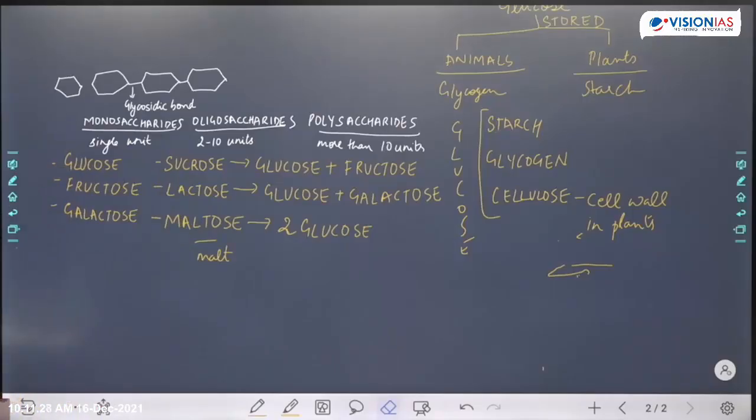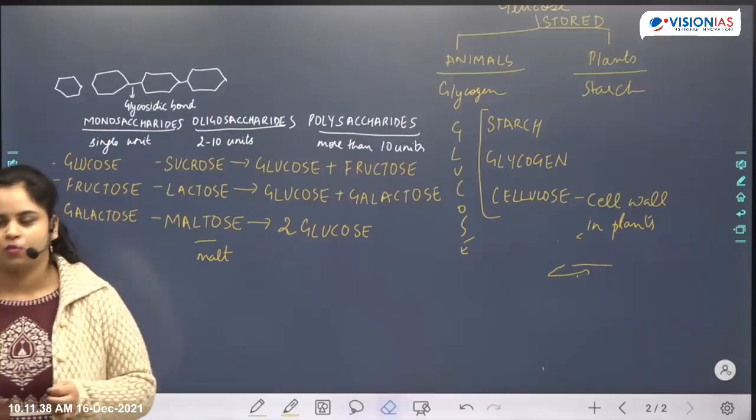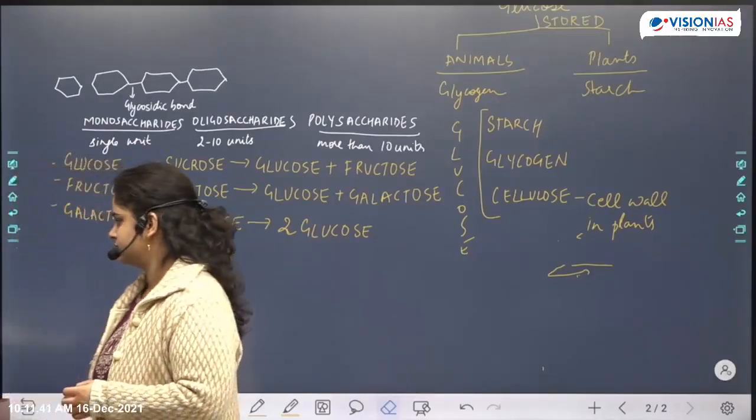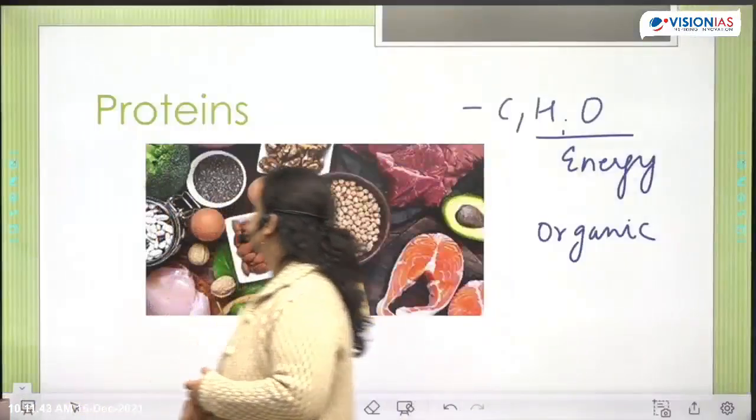We can now move on to the next of our nutrients, which is proteins.